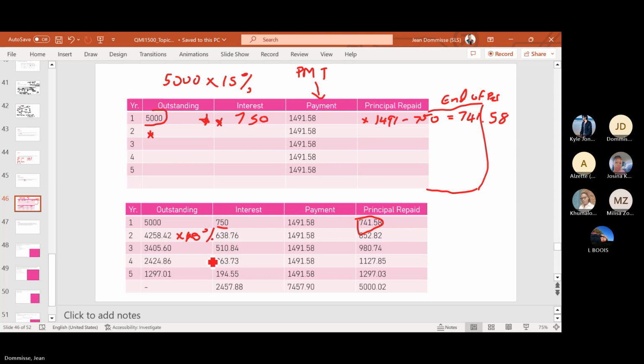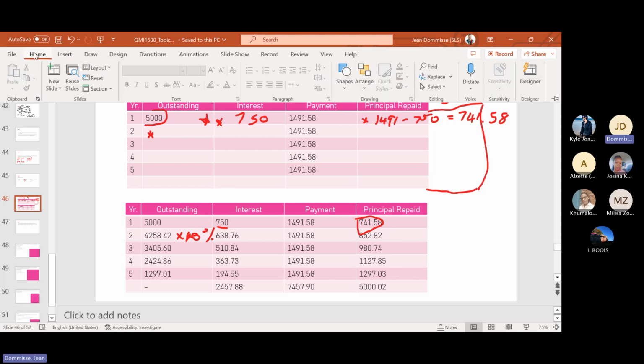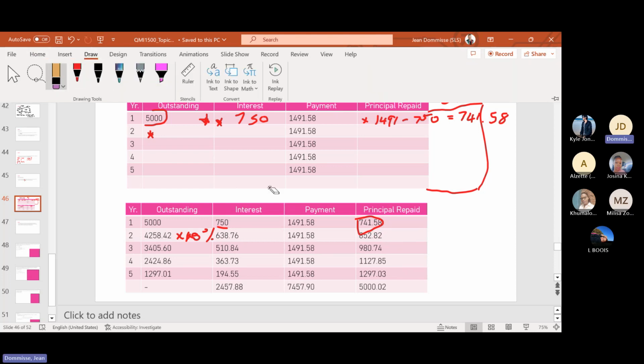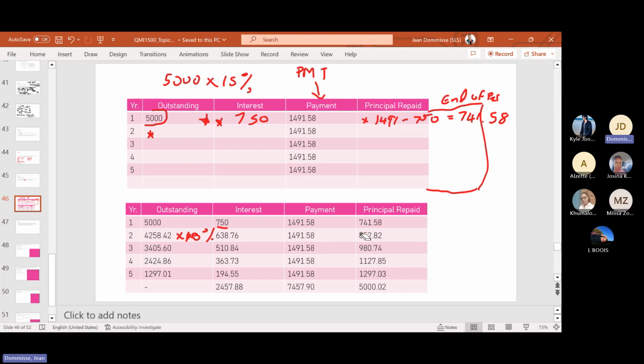So suddenly your interest comes down because your outstanding amount is less. Then because that is less, suddenly your principal repaid, you will see, is becoming more.